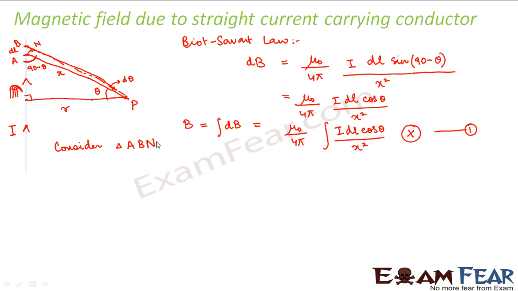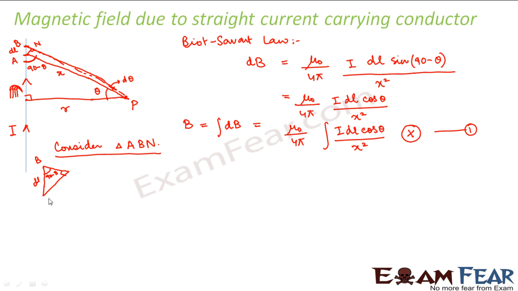Consider triangle ABN. If I draw that triangle separately, it looks somewhat like this, where this angle is 90 degrees, this angle is 90 minus theta, because we assume that since this element is very small, this is 90 minus theta, this is also 90 minus theta. And what is this length? This length is DL.